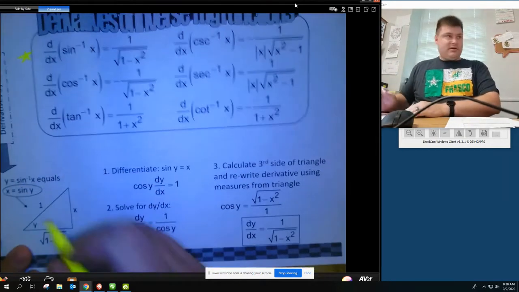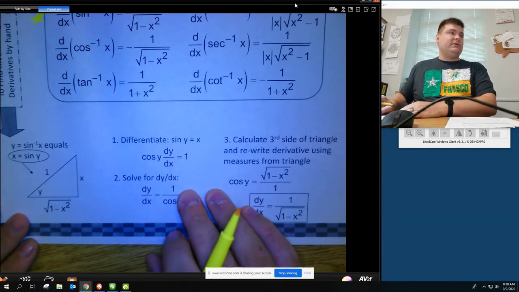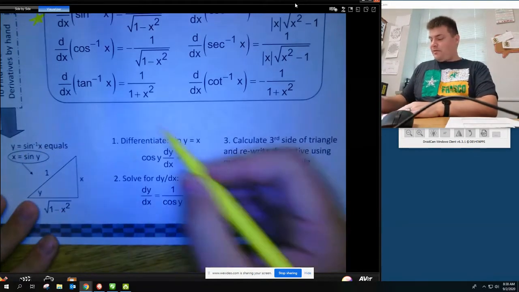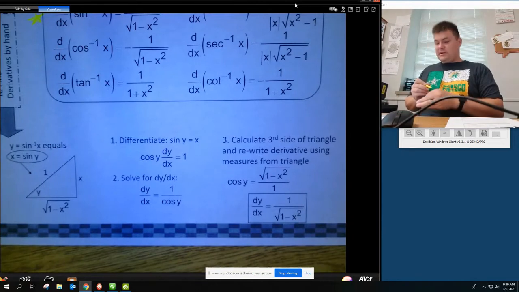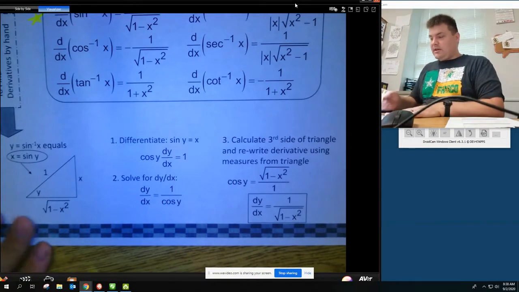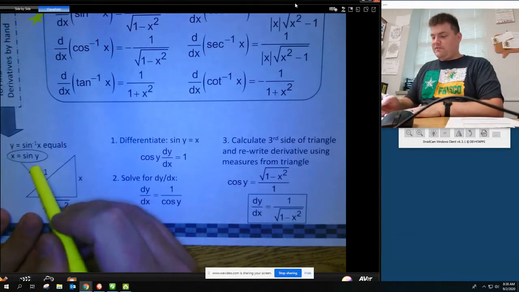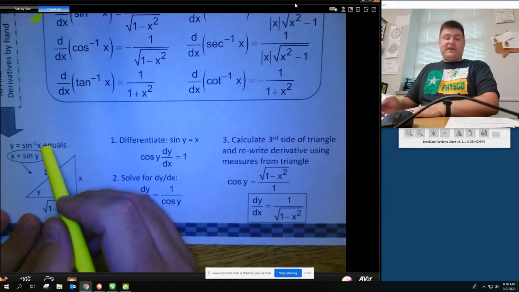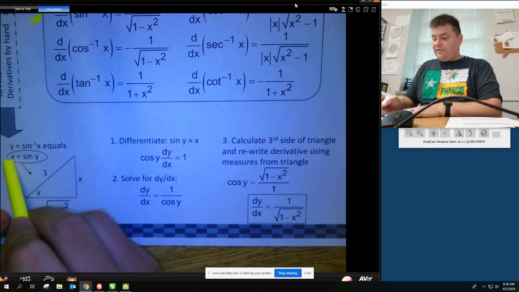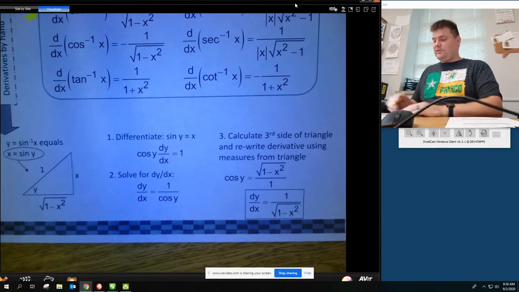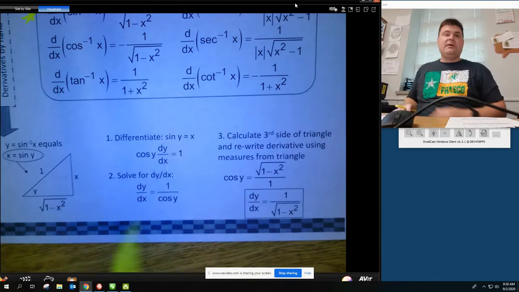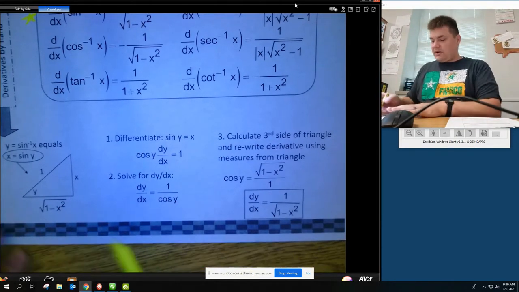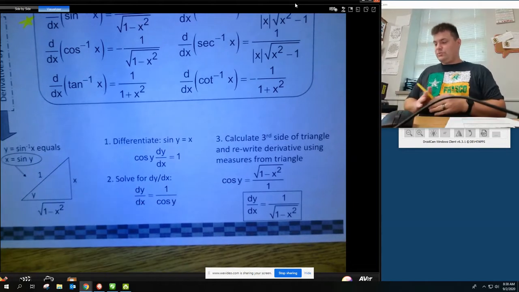So right down here is a reason why this all works, and you can kind of follow it through here, which is why some of these formulas are the way they are with inverse trig functions. So for an inverse trig function, y equals sine to the negative 1 of x, you would just solve for x, which is right here, and then you would differentiate it using implicit differentiation, and then you would resolve, and replace this with the values on our actual triangle.